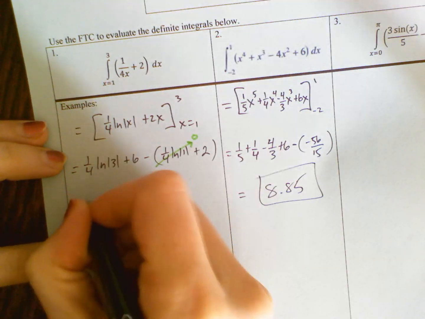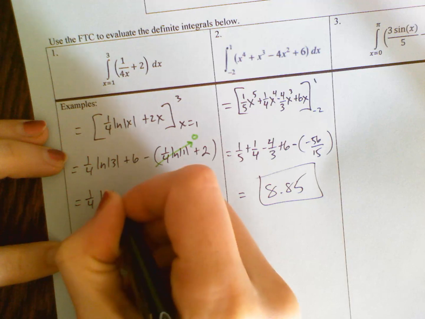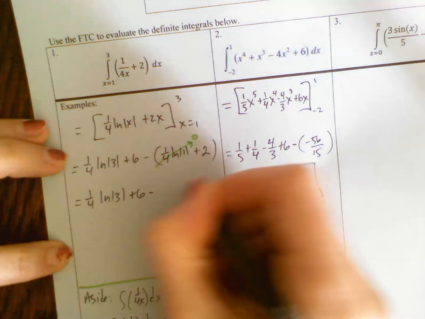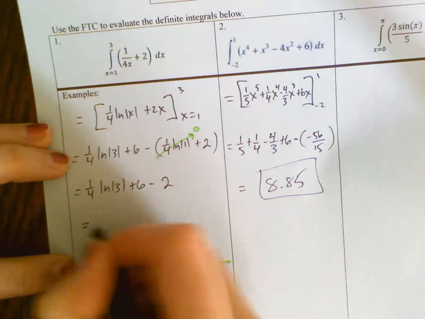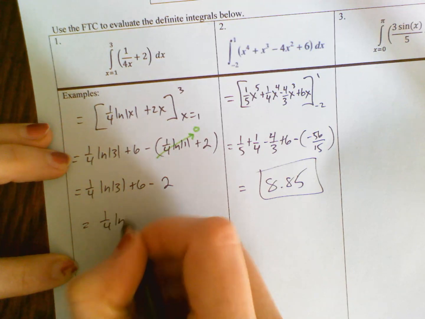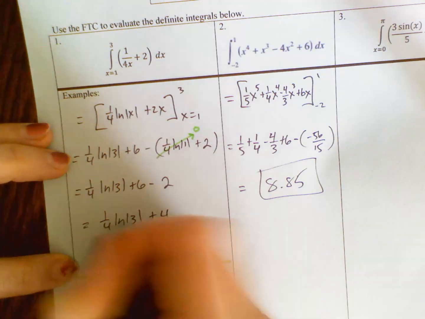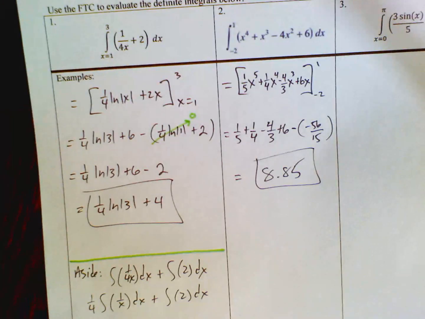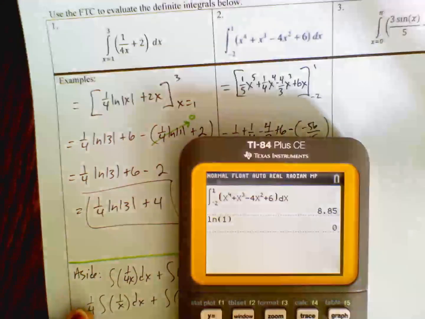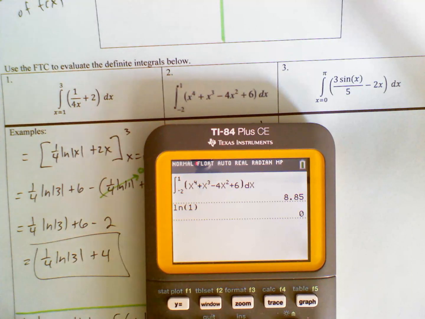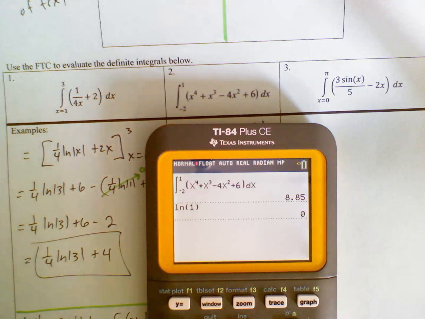And so this is a 4th natural log absolute value of 3 plus 6 minus 2, equals a 4th natural log of 3 plus 4. Okay, now let me check this in math 9.